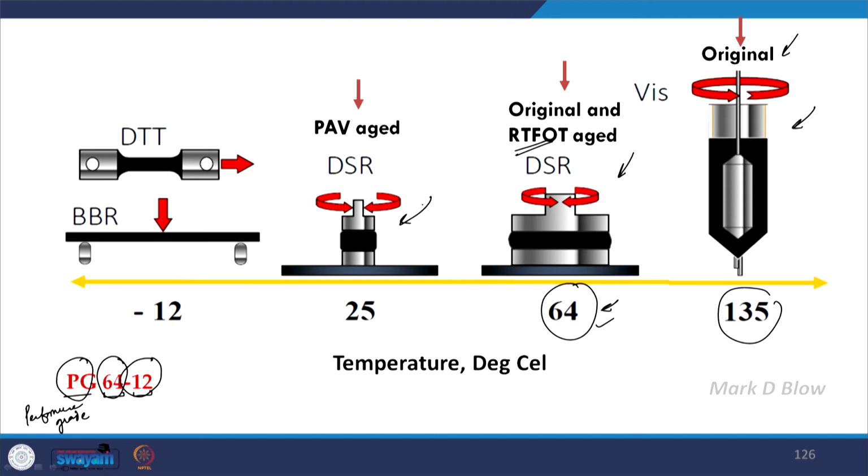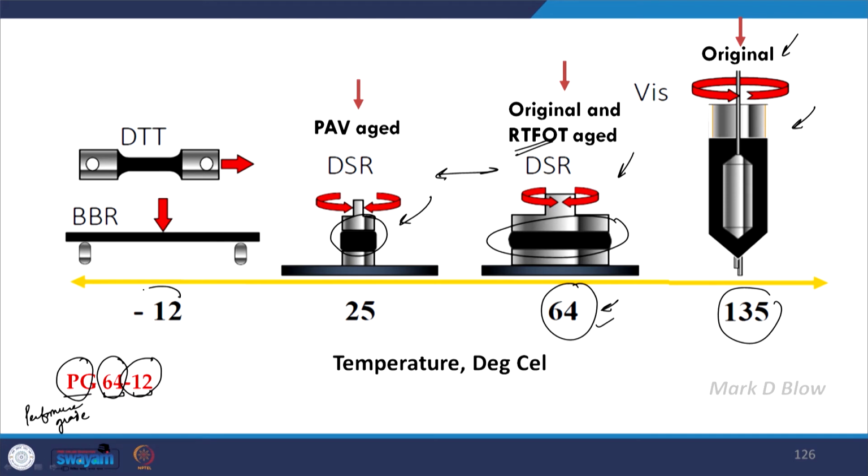So, we are using the PAV aged samples here, and if you remember from our discussion on rheology, in DSR we have different spindle geometries depending on the stiffness of the binder. If the stiffness of the binder is high, we use 8 mm diameter and 2 mm gap. If the stiffness of the bitumen is less, we use a 25 mm spindle with 1 mm gap. So, the geometry is different, but the test is DSR.